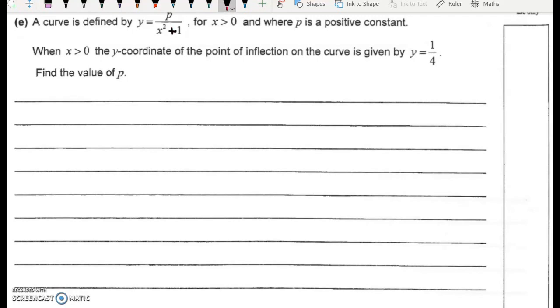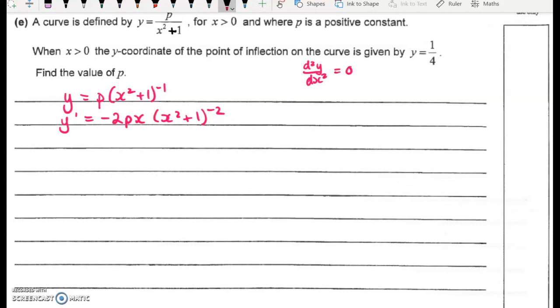So we have y is equal to p(x squared plus 1) to the minus 1. That makes it a bit easier to differentiate. So y dash will be minus 2px (x squared plus 1) to the minus 2. We're using the chain rule there. And then we need to do the second derivative because we're looking for a point of inflection. Now, point of inflection happens when the second derivative is equal to 0.